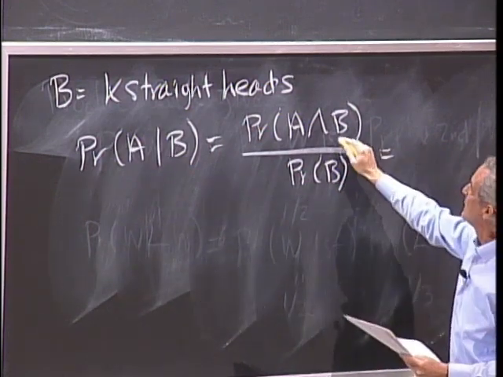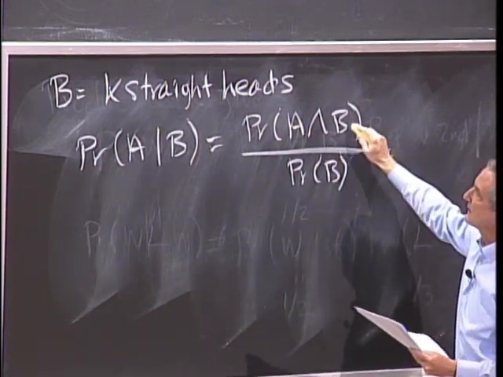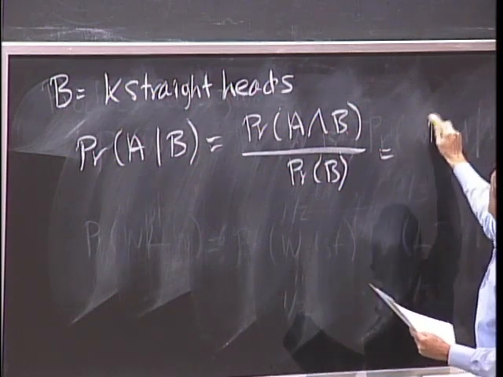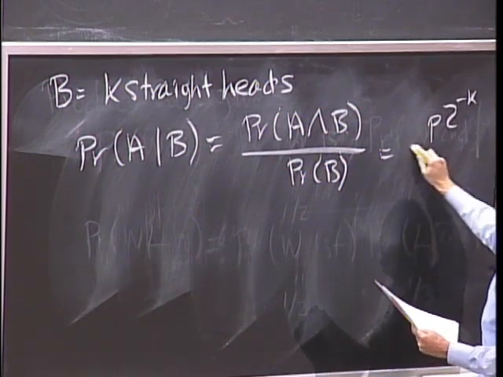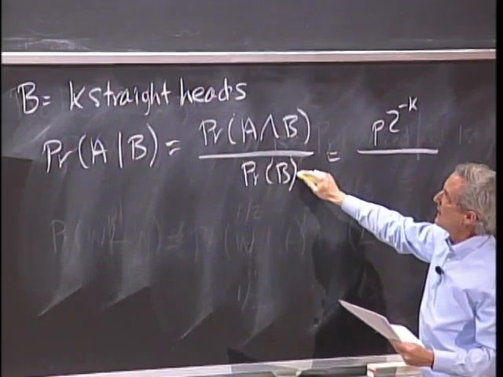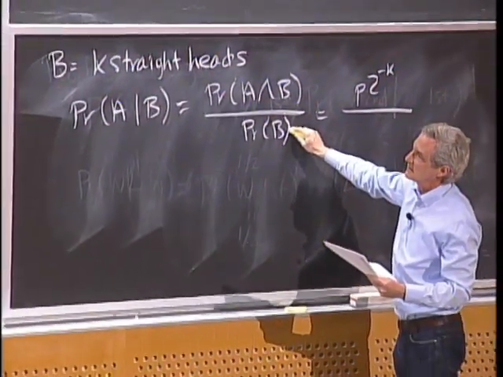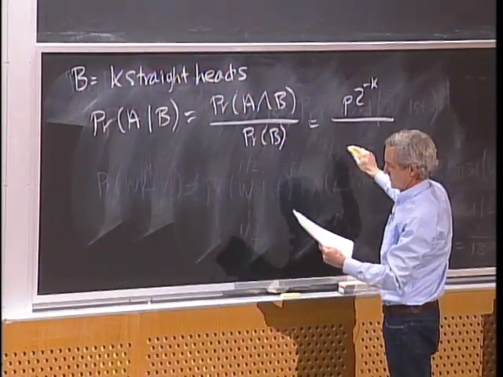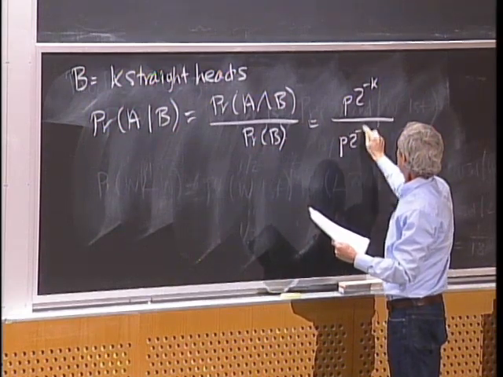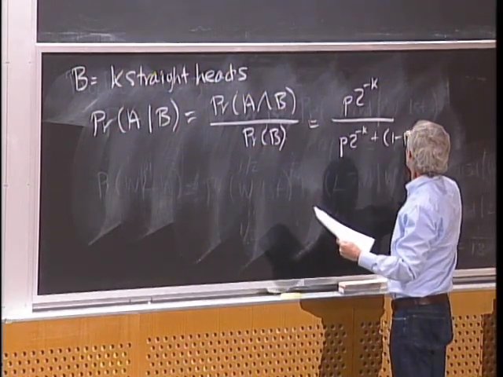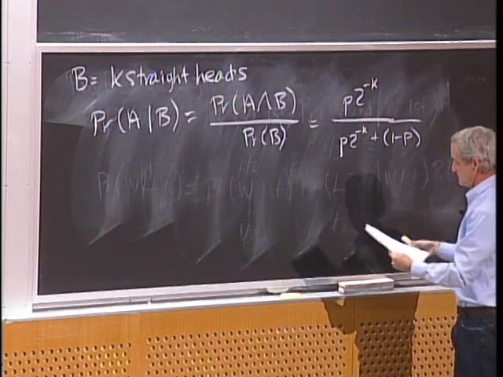The probability now that I picked the fair coin and got k straight heads is just p times 2 to the minus k. The probability that I got k straight heads is p times 2 to the minus k plus the chance I picked the unfair coin, which is 1 minus p.